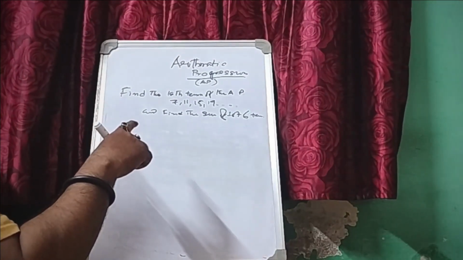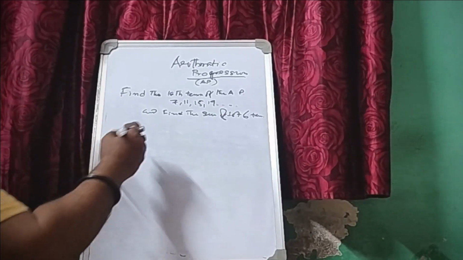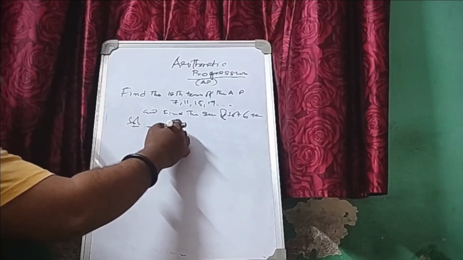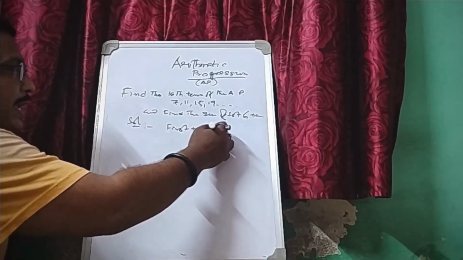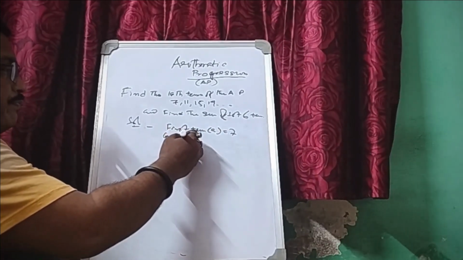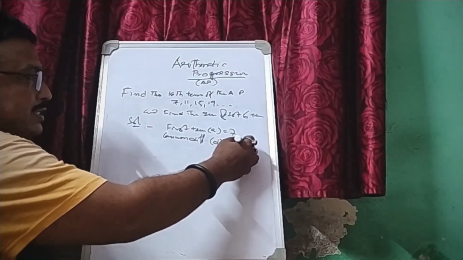It's a problem from the specimen papers of 2018. At first, in the solution, the first term a is 7. Common difference d is 11 minus 7, which is equal to 4.